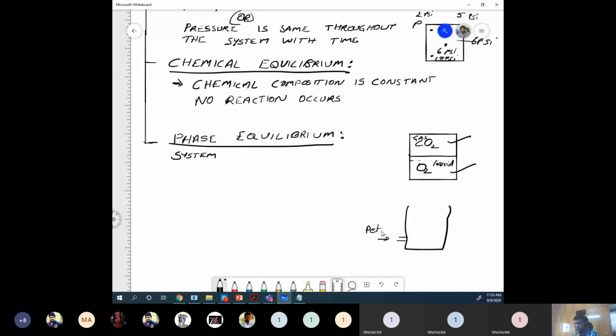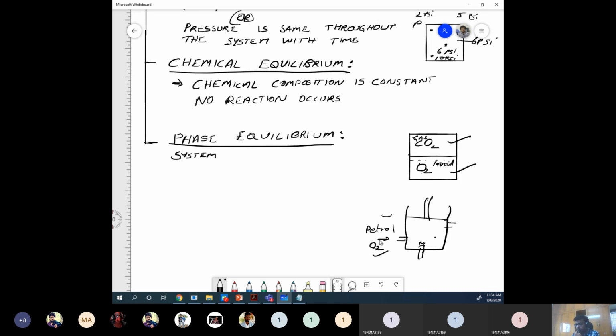You don't inject only petrol, you will be injecting air also, or let's say O2. Then only once you use a spark plug and burn them, inside the cylinder the combustion starts. So although we are sending liquid and gas inside, once we burn them they become a single phase and move out, right? So that is what phase equilibrium is.